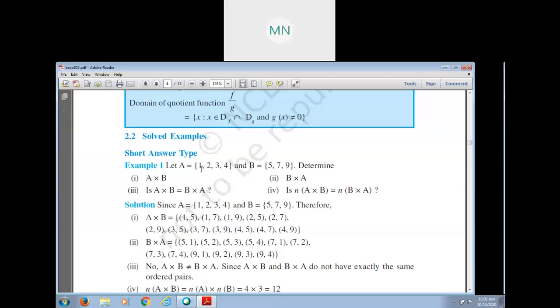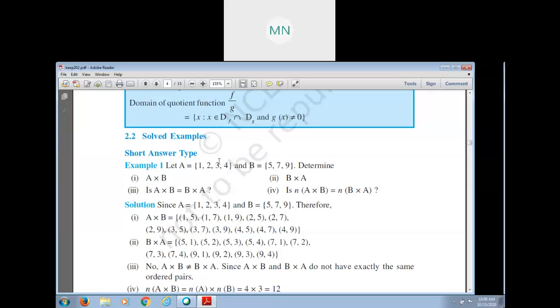Then next one is what? 1 comma 7. Then 1 comma 9. Okay, so we stop for 1. After that we start from 2.